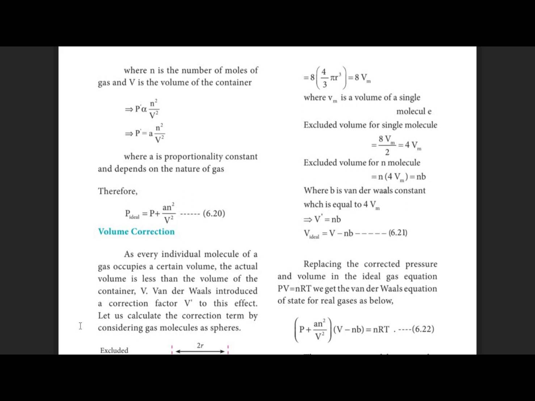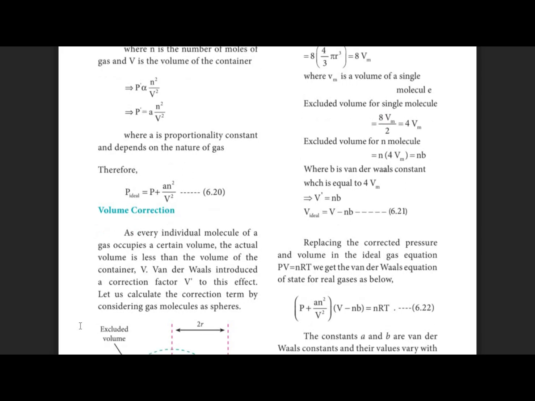The excluded volume for n molecules is n × 4 Vm, which is equal to nb, where b is the van der Waals constant, and the value of the constant is 4 Vm. V0 is equal to nb and V ideal is equal to V minus nb.